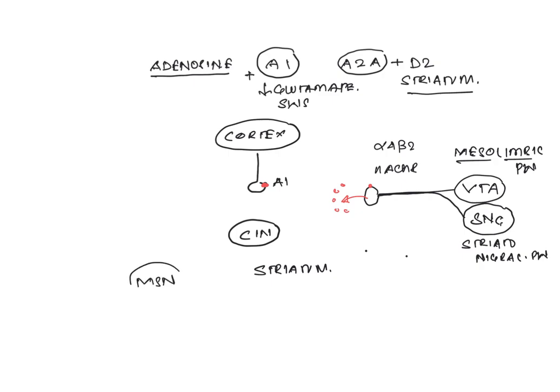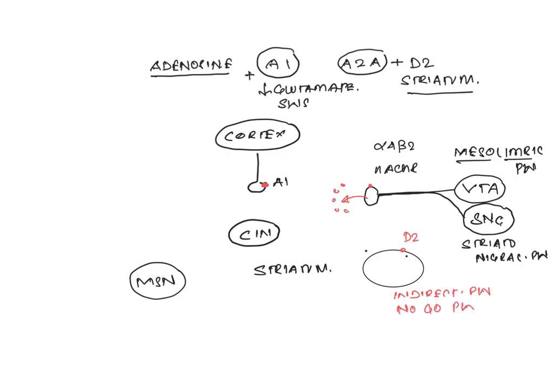There are two kinds of medium spiny neurons in the striatum, one that is rich in D2 receptors, which form the indirect pathway, which is also called the no-go pathway.